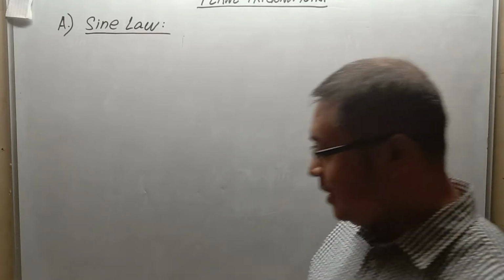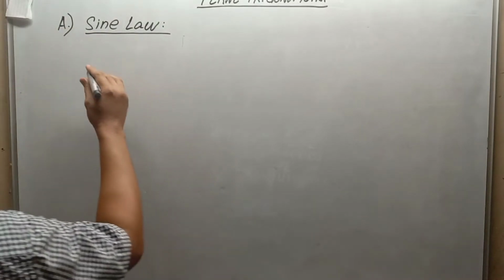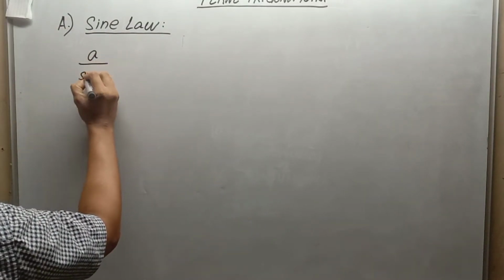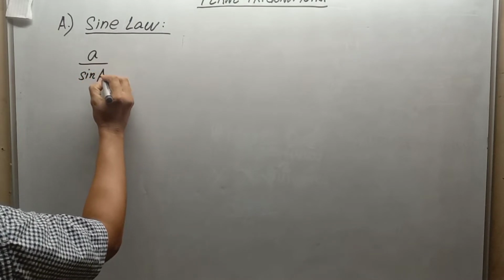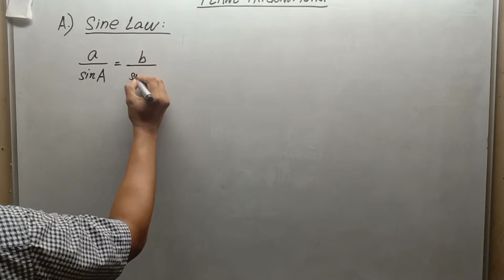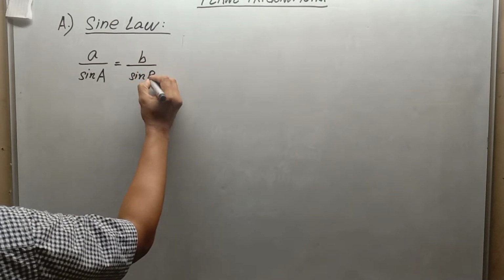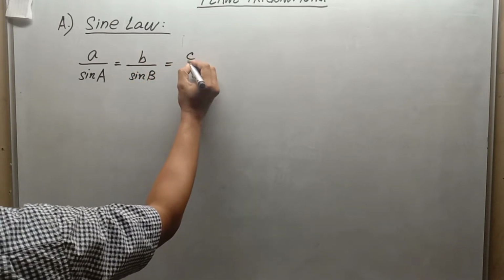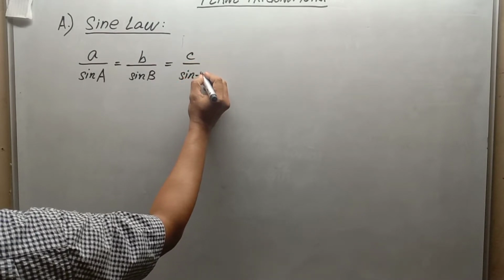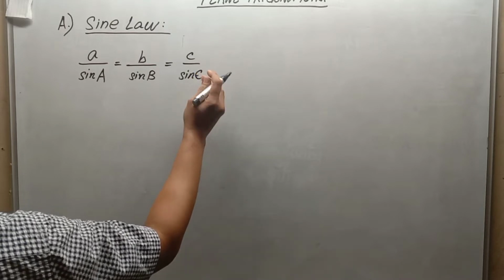So, meaning to say, the equation for sine law is A over sine A is equal to B over sine B is equal to C over sine C. Okay.